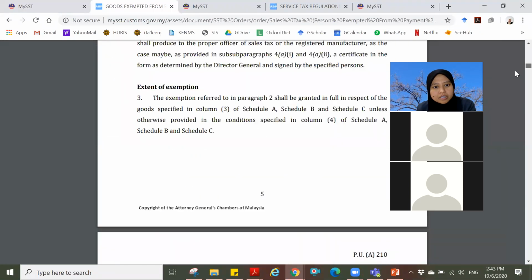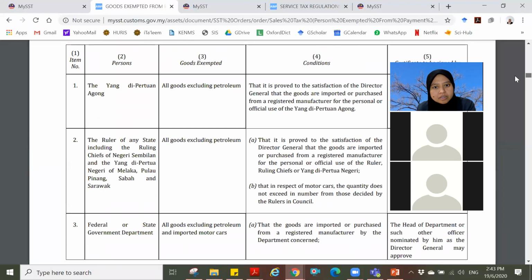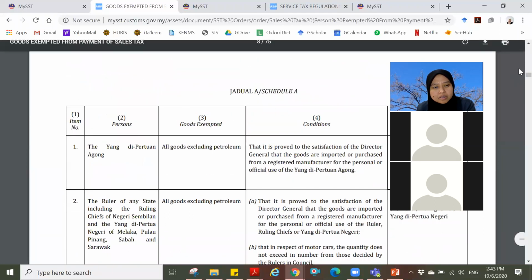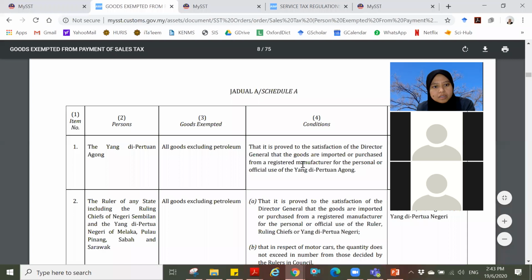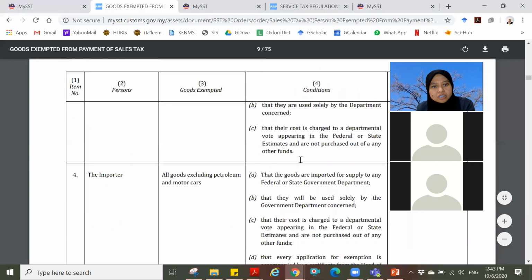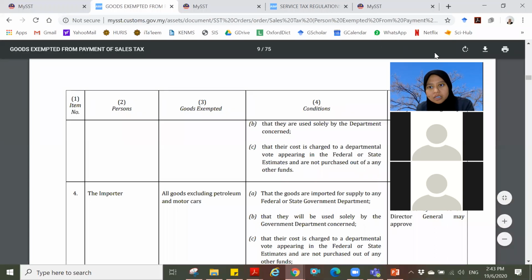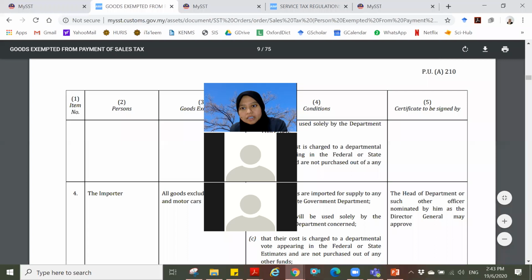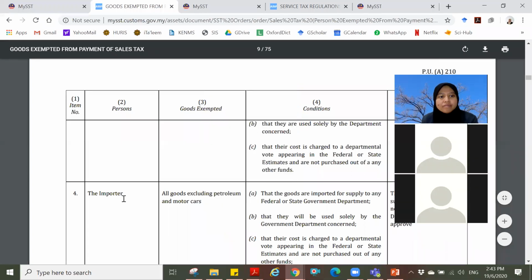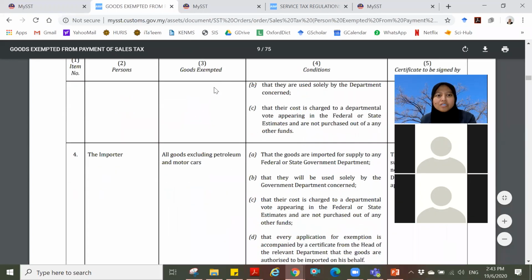You can see here, you have persons, you have goods exempted and condition, and also certificate. So for different person, different goods exempted.